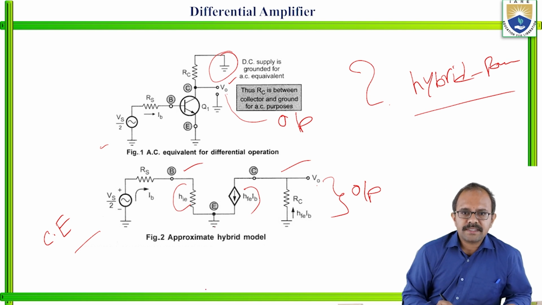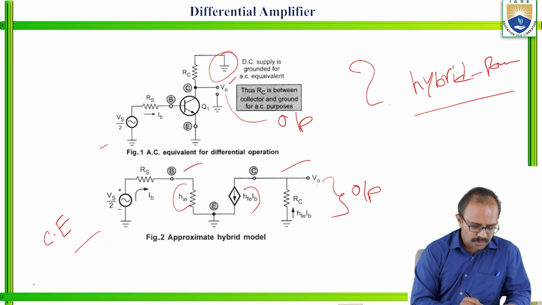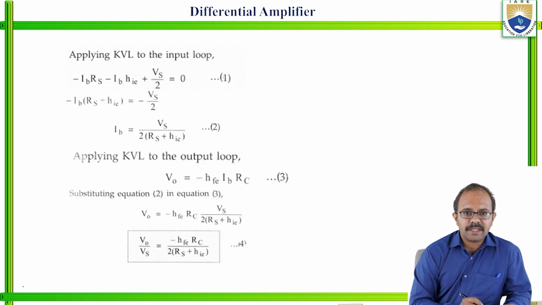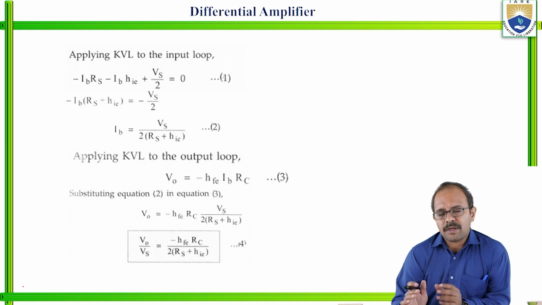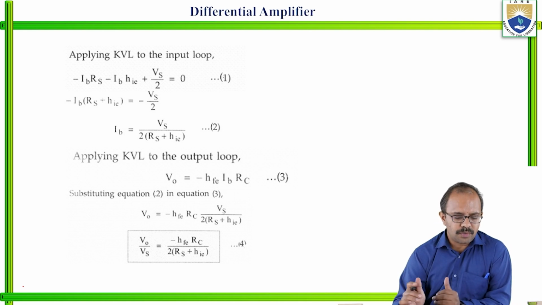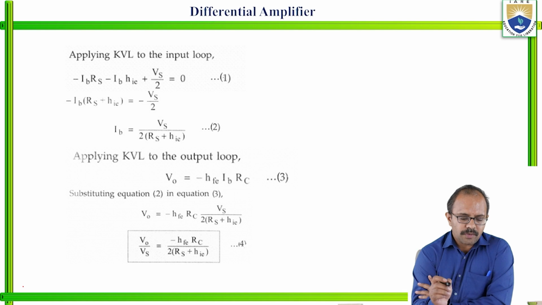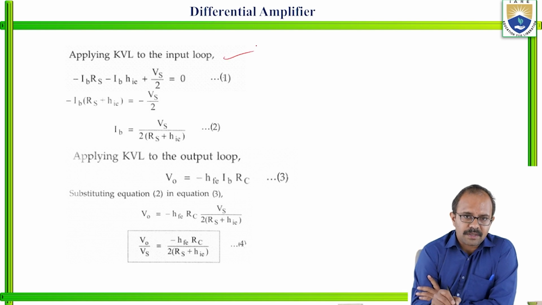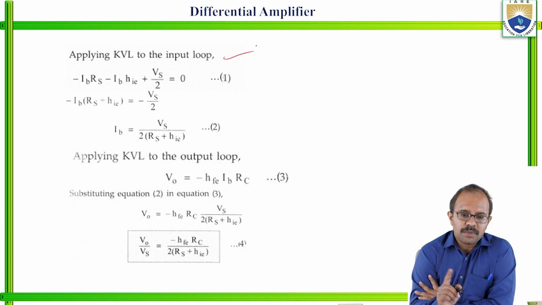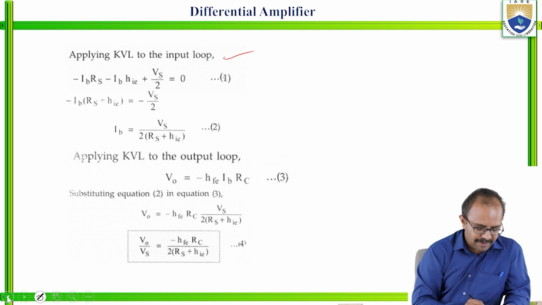Now let us continue with the analysis. We represent the equivalent circuit and its corresponding hybrid parameter model circuit. So as usual, what we can do now, we need to apply KVL. This is the first step here: apply KVL to the input section of the transistor. So what is the KVL here?